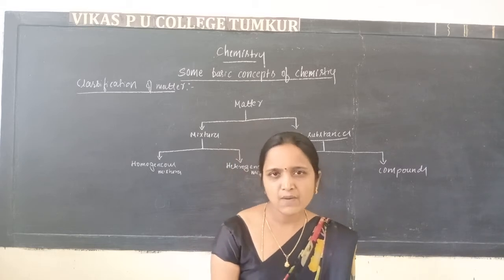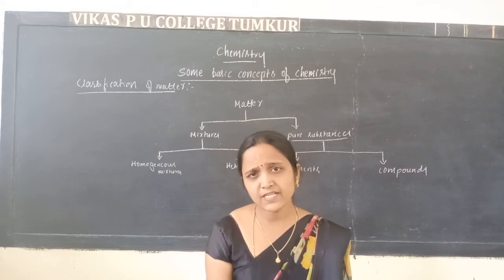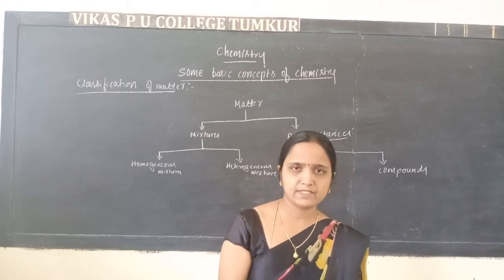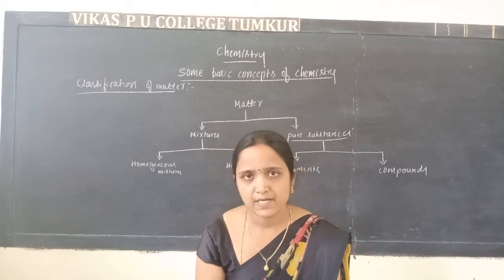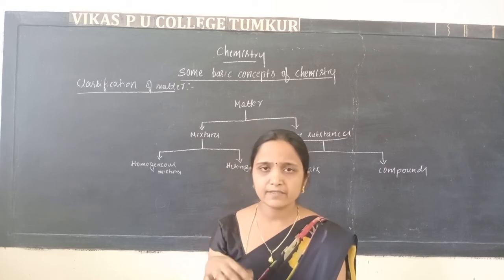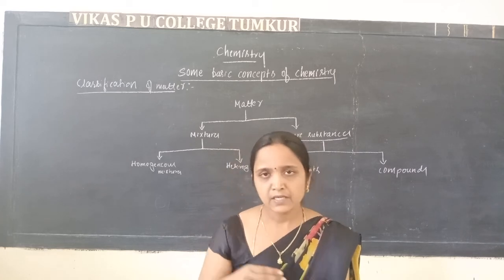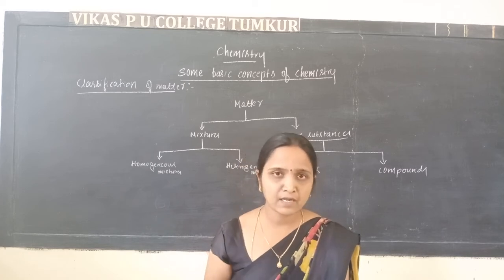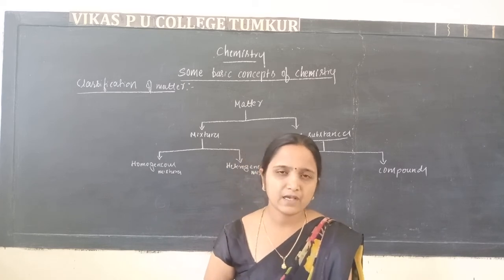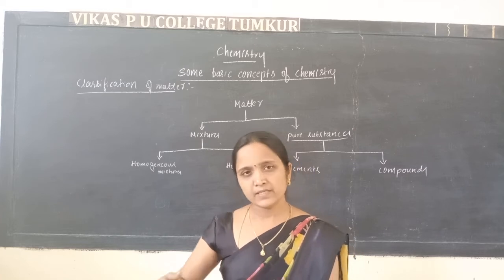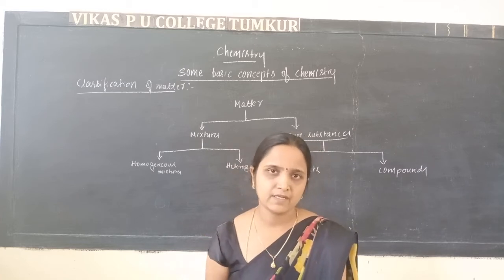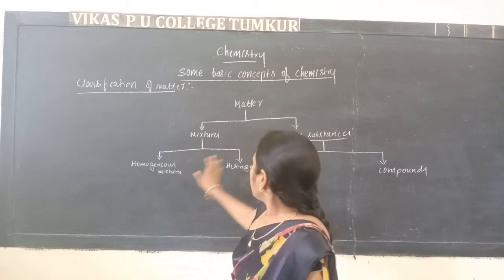Iron, copper: copper means it contains only copper atoms. Iron means only iron atoms. Aluminium also contains only aluminium atoms. Gold, silver. These are all examples for the elements.